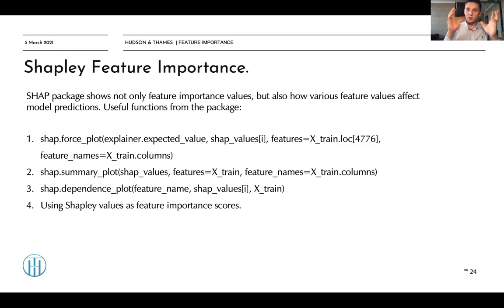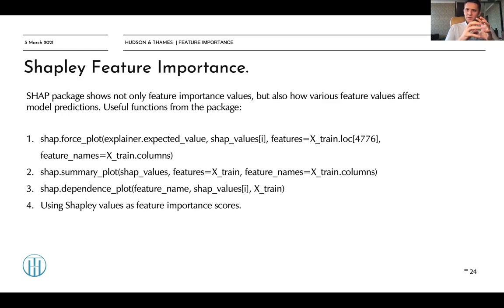It also plots the feature which has the highest pairwise effect with the current feature, to understand how feature combinations affect model predictions. And as we have discussed, you can use Shapley raw values as proxies for your feature importance scores.